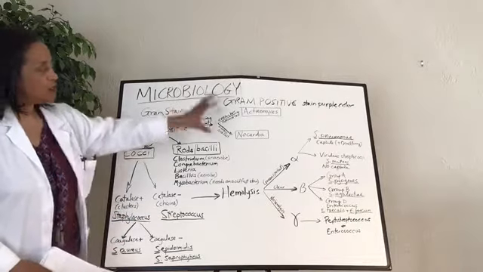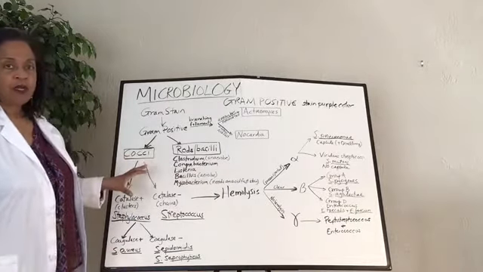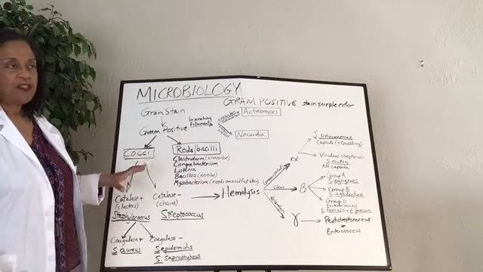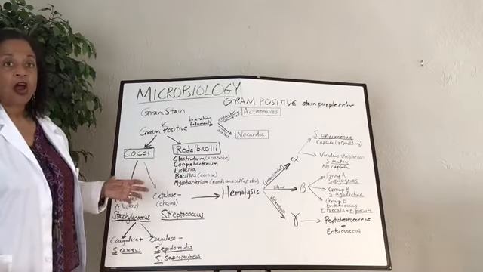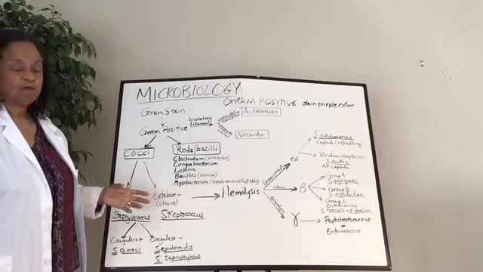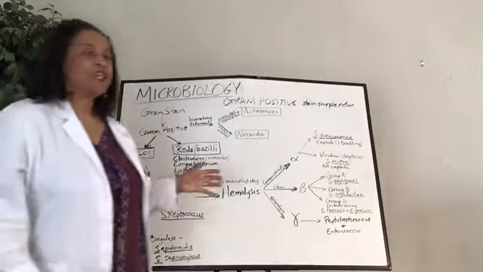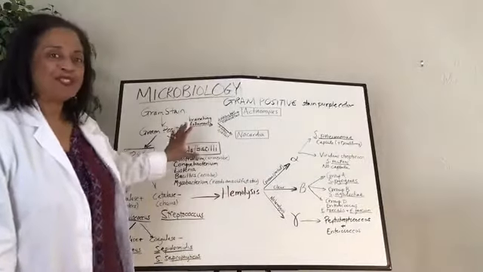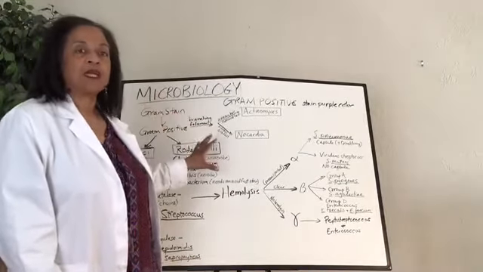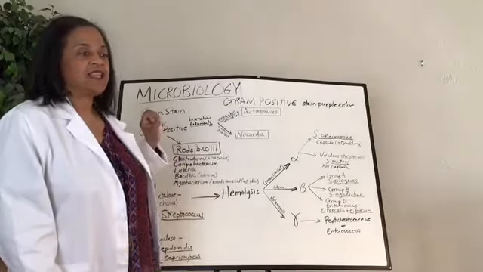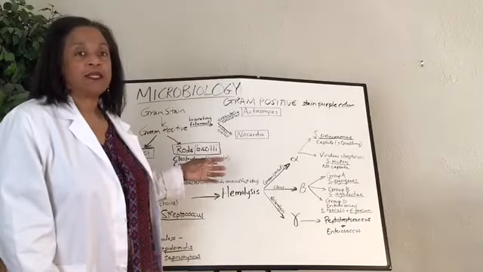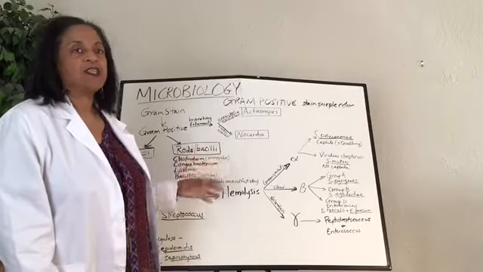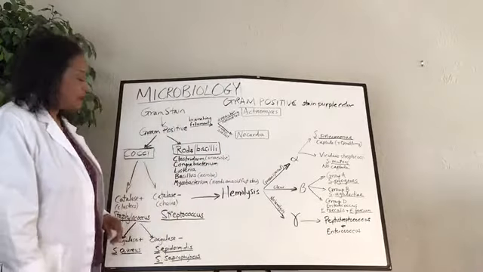Now, as you notice, all the bacteria on this board are the ones that I've decided are pretty important to know. This doesn't include every bacteria in the world. This just includes some that you will see more clinically, and things that are typically treated with patients. So these are the ones we're concentrating on.